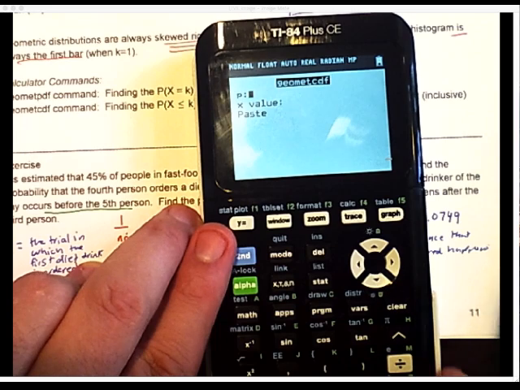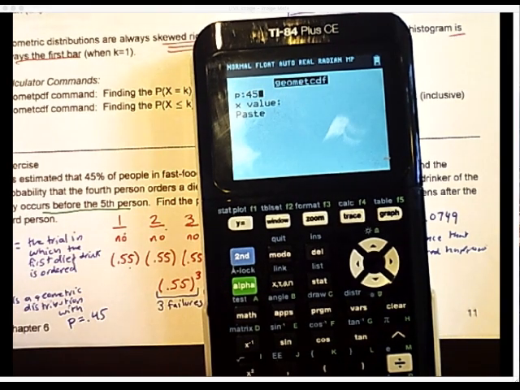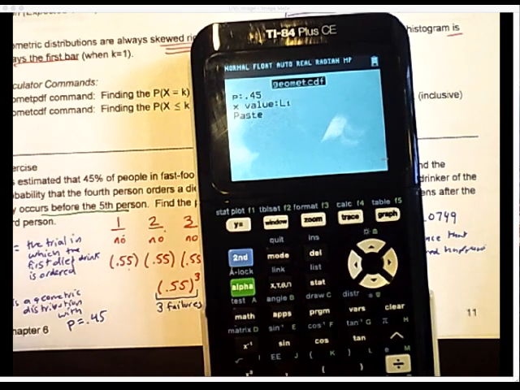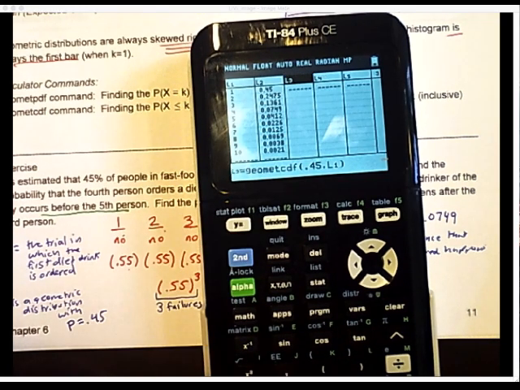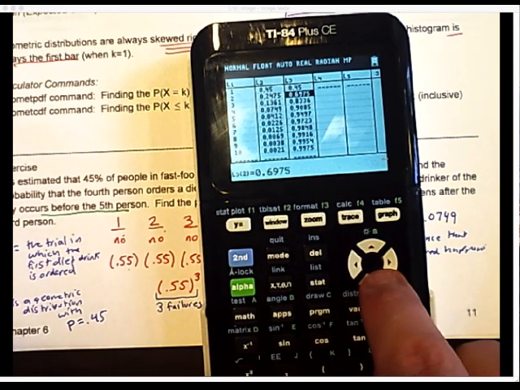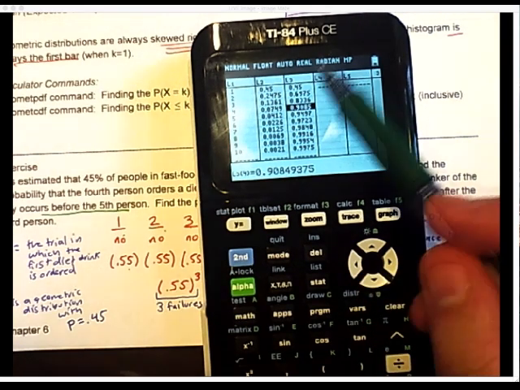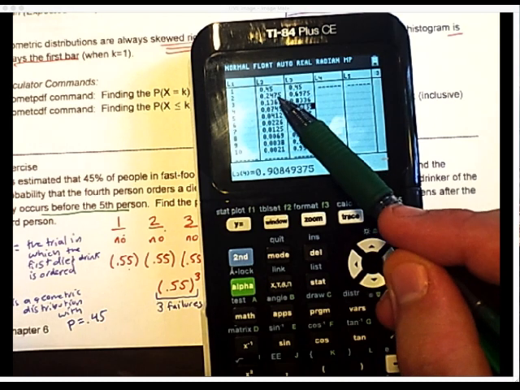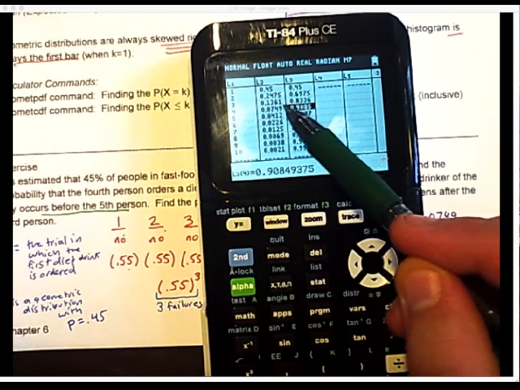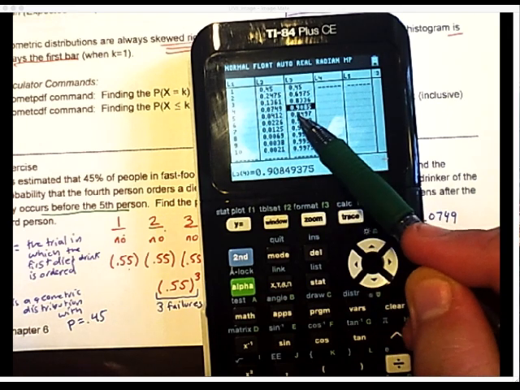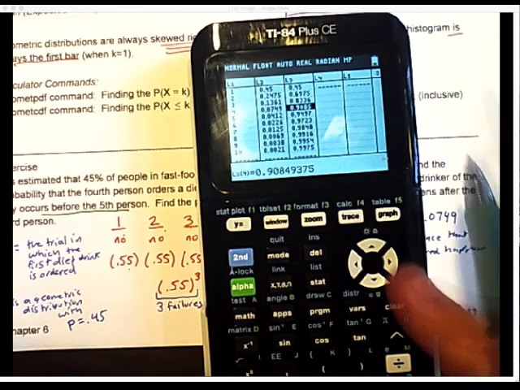So if I enter that, 0.45, the x value comes from L1, and paste, okay, we can simply look here. If I were to add up 0.45 plus 0.2475 plus 0.1361 plus 0.0749, it gives me this number, 0.9085.